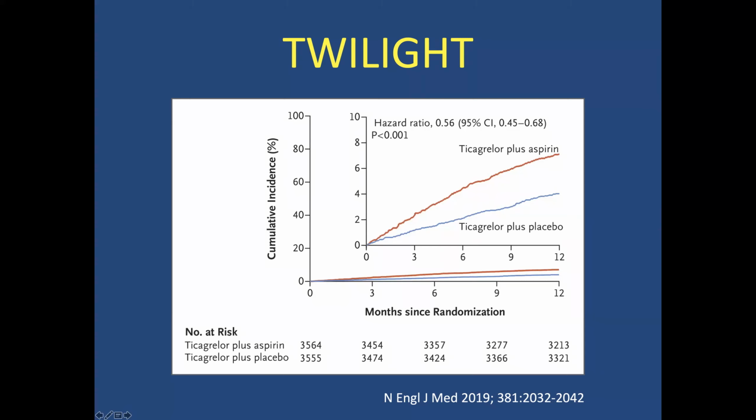So there are trials which are working on that, and that may be what we do in the future, is treat patients for 1 to 3 months with ticagrelor and then switch them to clopidogrel, or maybe we will move more to withdrawing the aspirin and just using one of ticagrelor or prasugrel on its own. But we need more data on exactly how to do that and what population is safe to do that in.